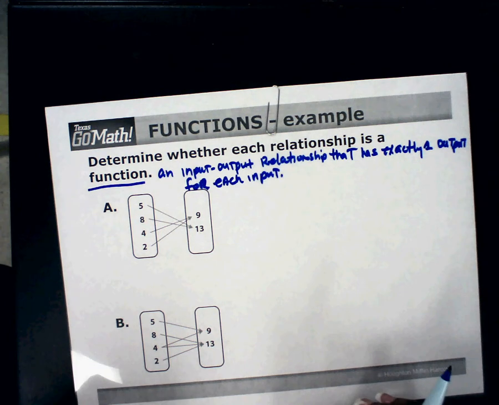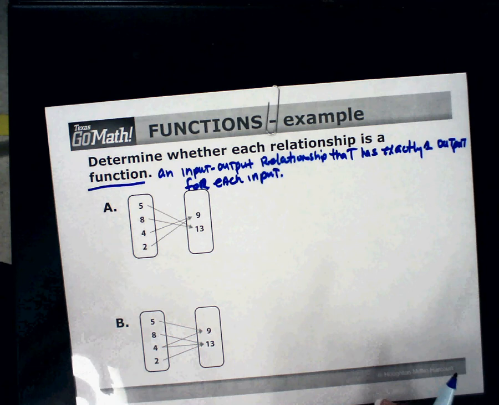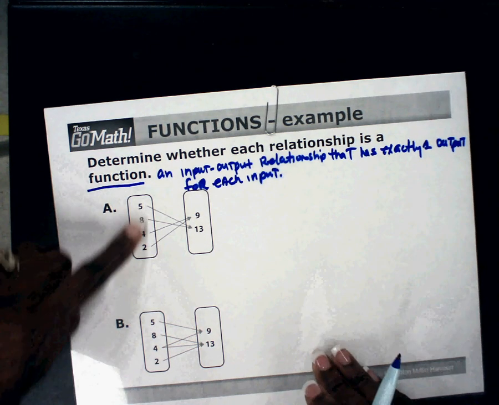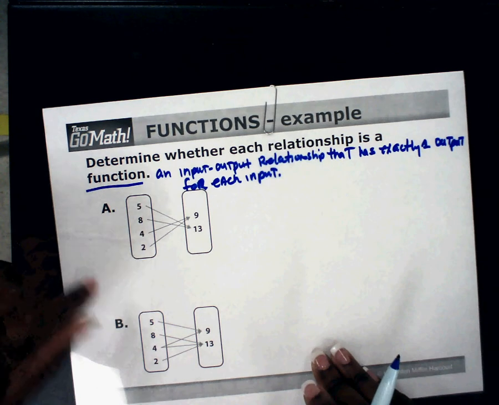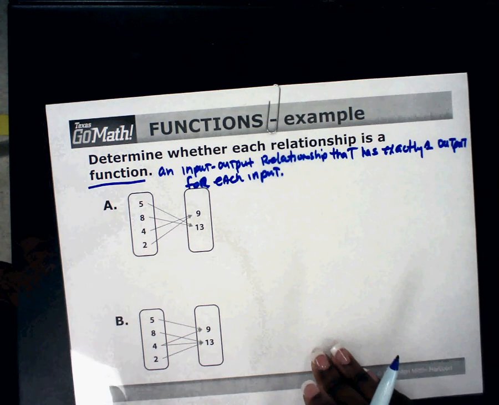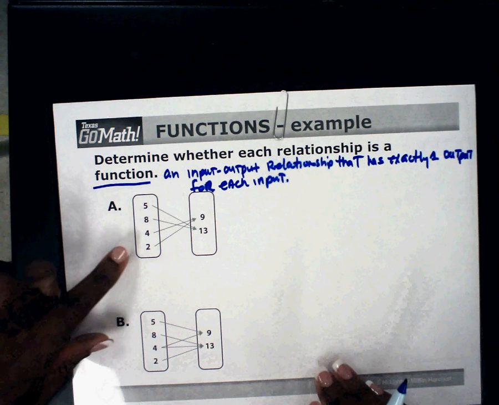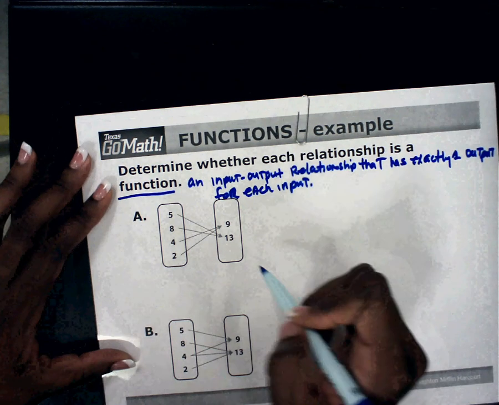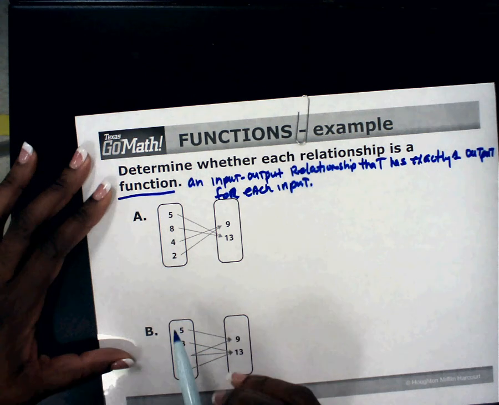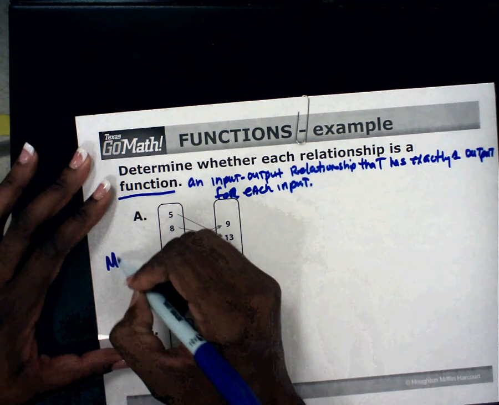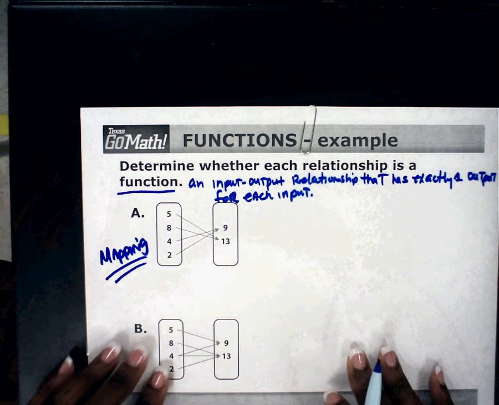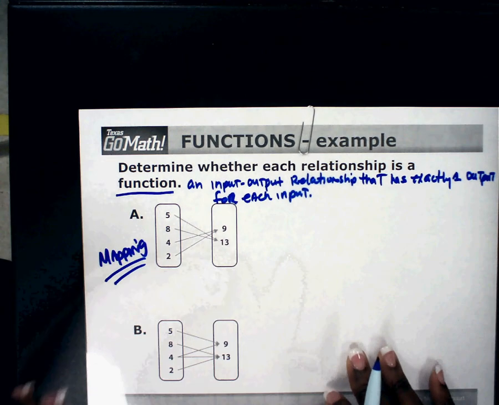And so in short terms, it means for each one of my inputs here, I can only have one output. So if I'm going to use, and this is called a mapping, so when we have this type of function or representation of a possible function, this is called mapping. Okay, so we're going to use mapping to determine whether or not this is a function.